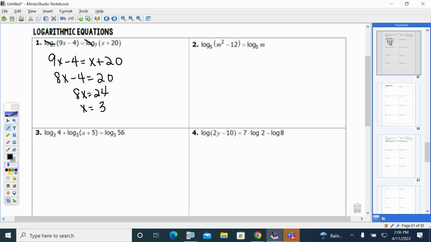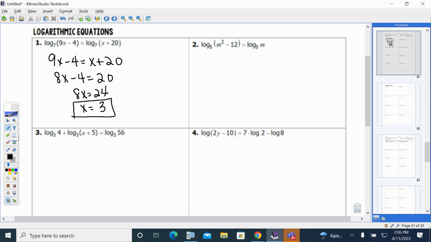Also, as long as you've got a log somewhere in the equation, you have to check your solutions to make sure that you don't have any extraneous solutions. So this is one that I would have to check because it started out saying log. When you plug in the 3, just to save time in this video, I will tell you that it does work. 3 does work.